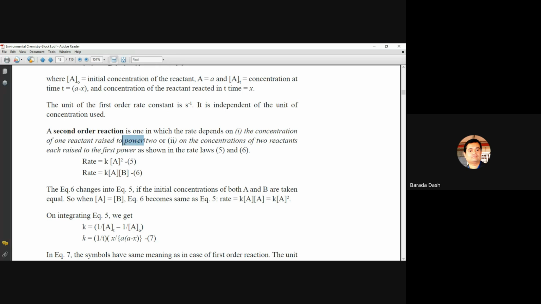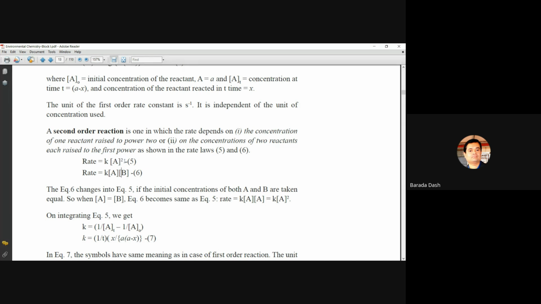So basically power 2, a square. Rate is proportional to k into a to the power 2, or rate equal to k, which is the second order rate constant, into the concentration of reactants A and B, if there are two reactants and you combine them together. If the power equals 1, this is called first order.